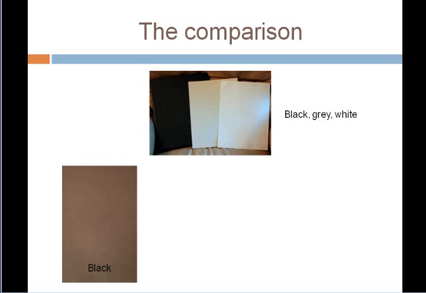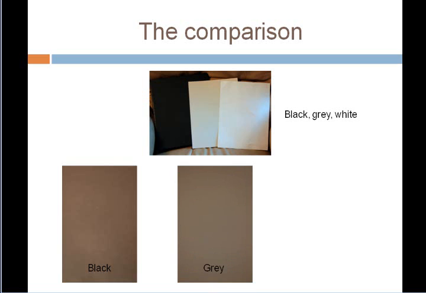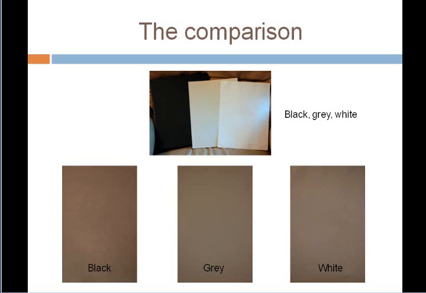Then I took a photo of only the gray paper, and I zoomed in so I just had the gray paper, and this is what I got. You can see it also adjusted it down to what it thought was 18% gray, and it looks very similar to the black photo. And then lastly I took a photo of the white paper, and this is what it looked like.